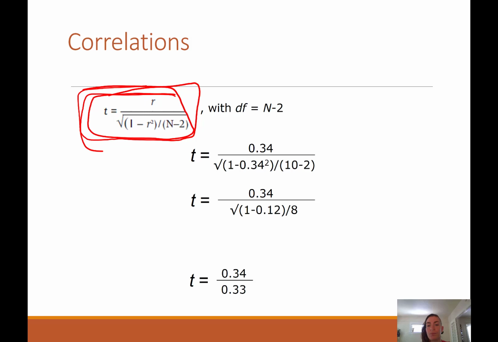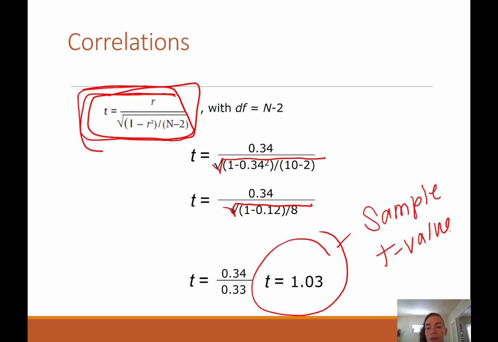So if I plug those values in, I have 0.34 in the numerator, and then in the denominator, it's all under a square root sign. I have 1 minus 0.34 squared divided by n minus 2, or 10 minus 2. So finally, that reduces to 0.34 over 0.33, or a t-value of 1.03.